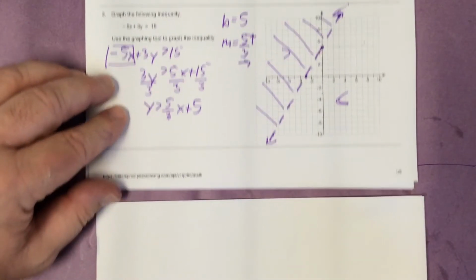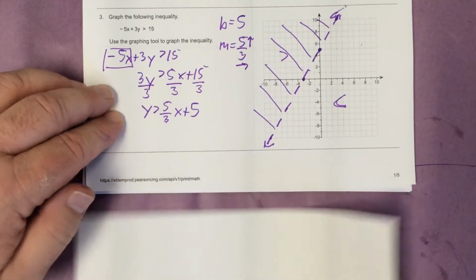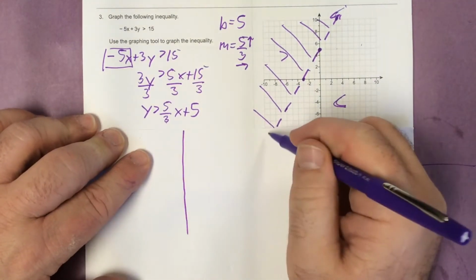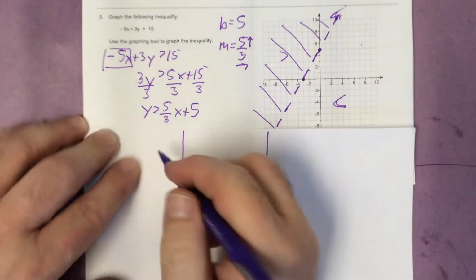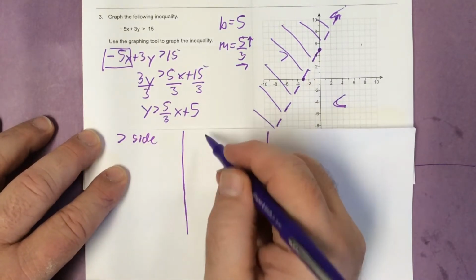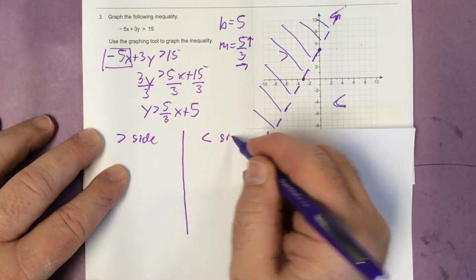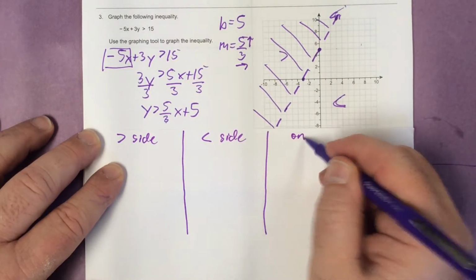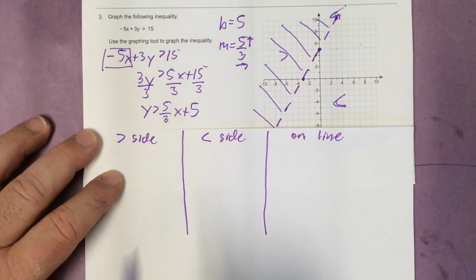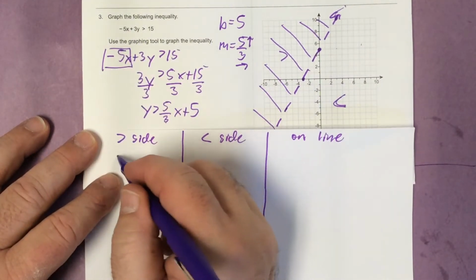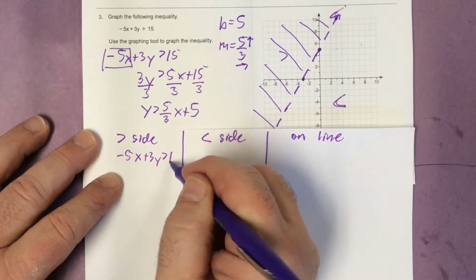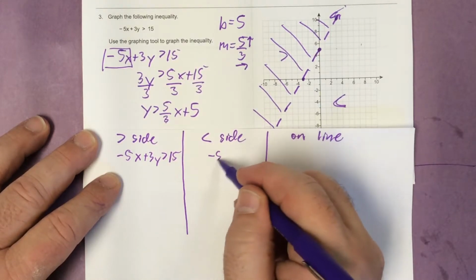So I'm going to look at this three different ways. I'm going to go ahead and use the original equation here. So I'm going to have negative 5x plus 3y is greater than 15. I'm going to write that out three times.